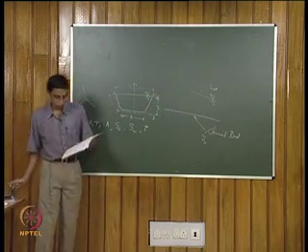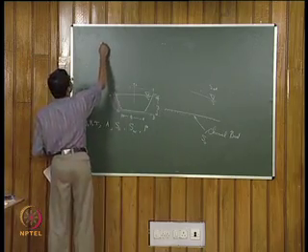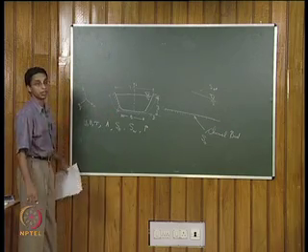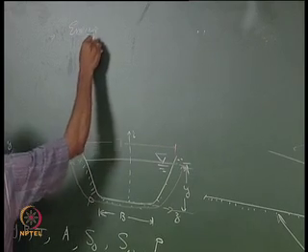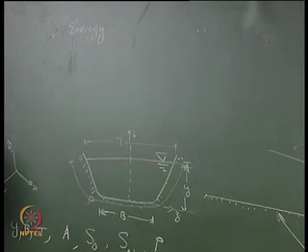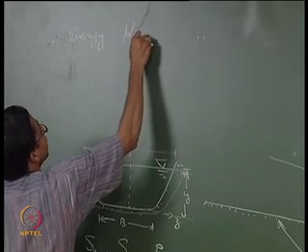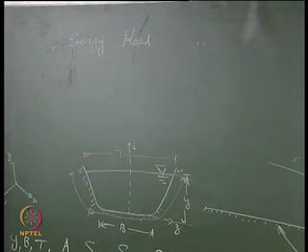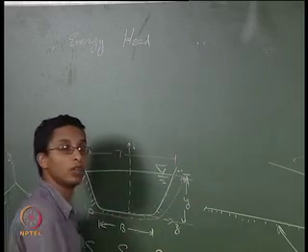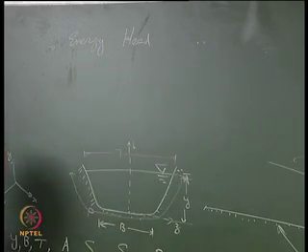So, let us again look back into the thing. If you recall your fluid mechanics principles, energy can be described using energy head. Energy at any location in fluid flow can be described using energy head.